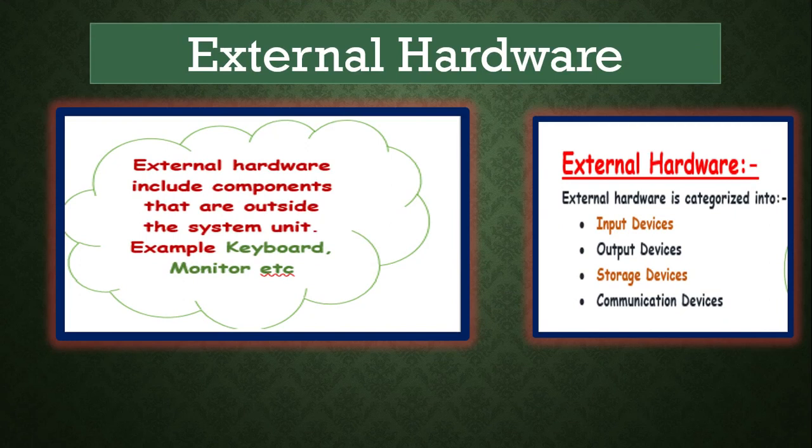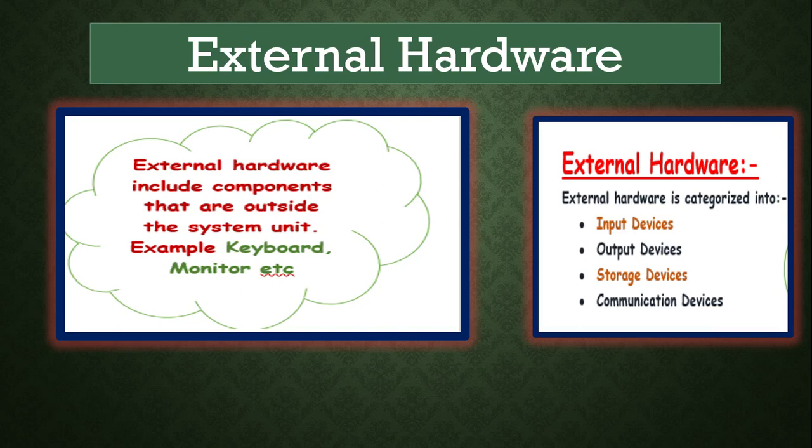So external hardware includes components that are outside the system unit. It means all the devices or all the components that are outside the system unit or outside the computer case are called external hardware components. For example, keyboard, mouse, monitor, these are outside the system unit or outside the computer case.